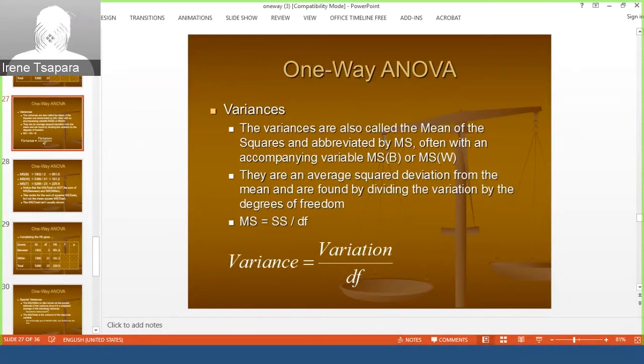They are nothing else than the average square deviation from the mean, and the way that we find it is we divide the SS by the degrees of freedom. This is how we find the variance. The variation divided by the degrees of freedom. This is how we find the mean of the squares, the variance.